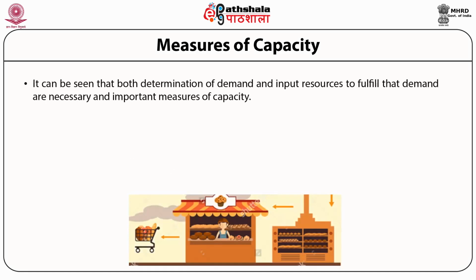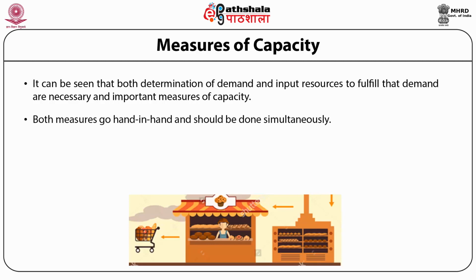Thus it can be seen that both determination of demand and input resources to fulfill that demand are necessary and important measures of capacity. Both measures go hand in hand and should be done simultaneously.